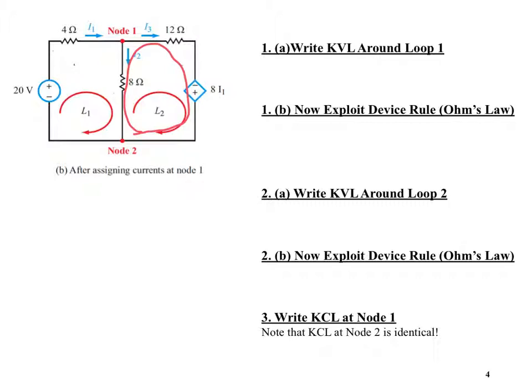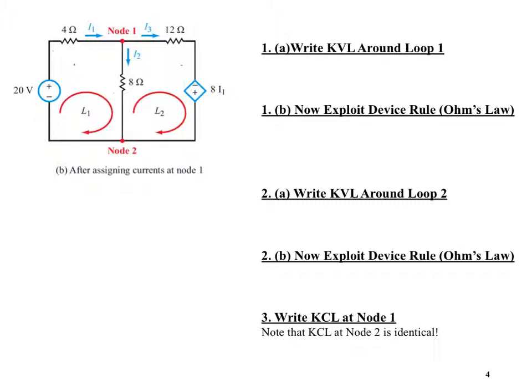One thing we'll notice, and this will come into play when we get more into mesh analysis, is that there is an element in common between loop 1 and loop 2. This 8 ohm resistor plays a role in both of those. But it doesn't really matter. That's just the nature of the circuit, so that's not something to worry about.